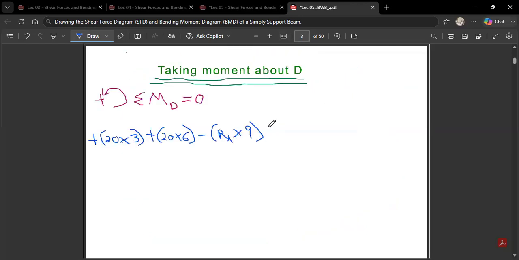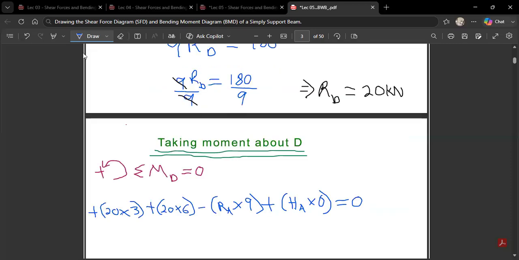So that will be plus what? Look at the direction that HA is moving in. It is positive. So that is HA times 0. Now we can equate all of this to what? 0. About the cardinal point issue that I spoke to you about in lecture 3.